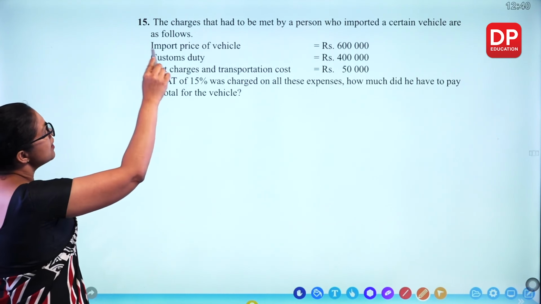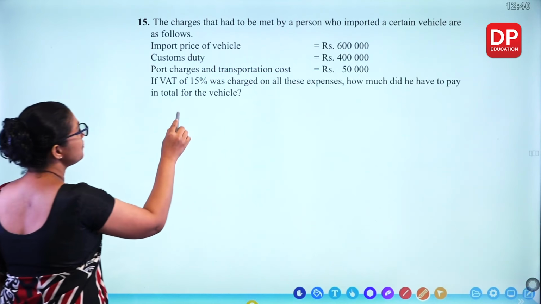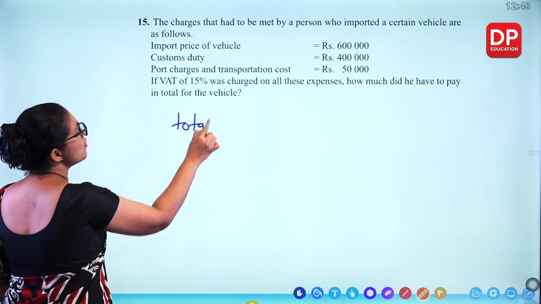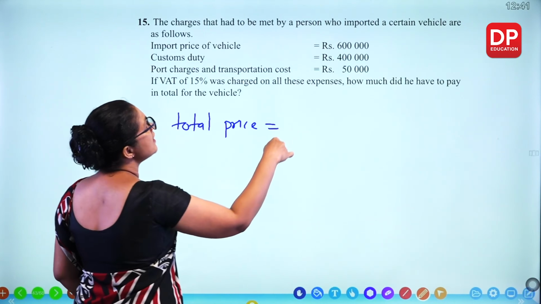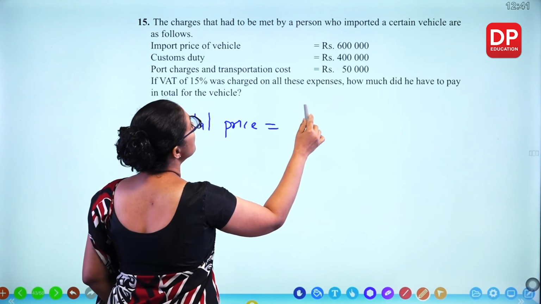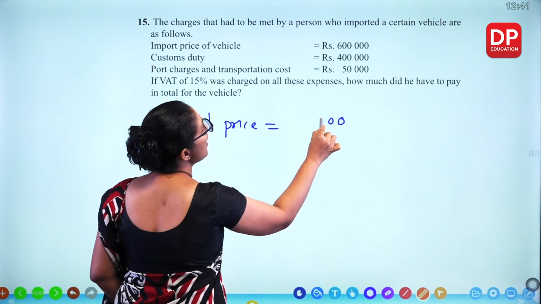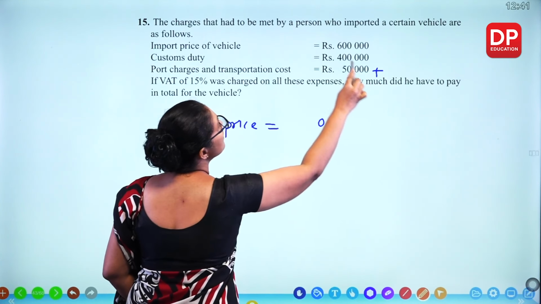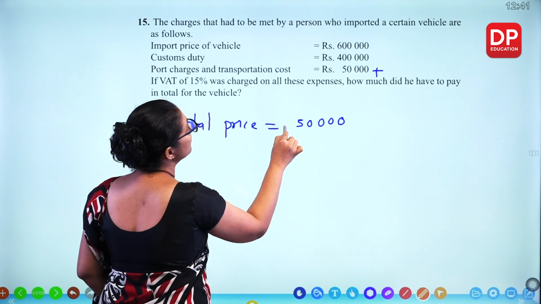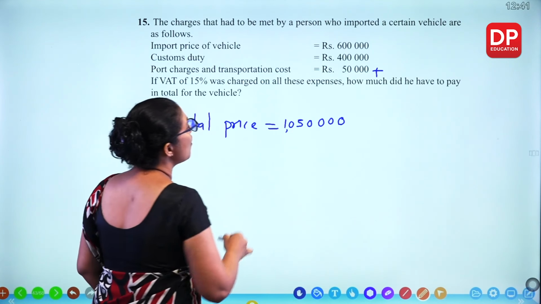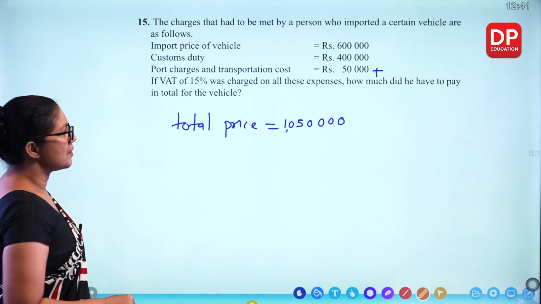So what's the total price? First we need to find out the total price. With all these costs, when you add all three together, you are getting 1,050,000.